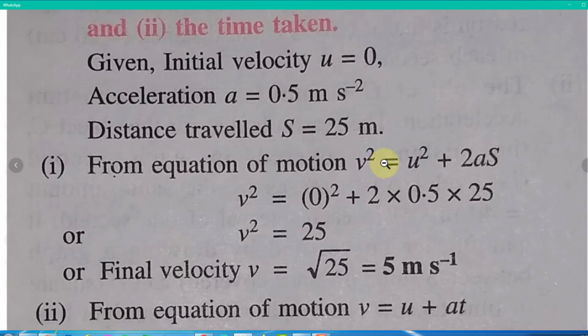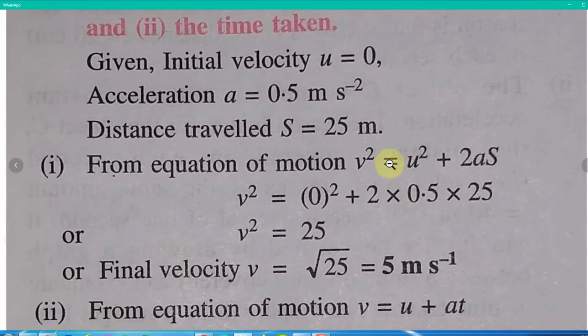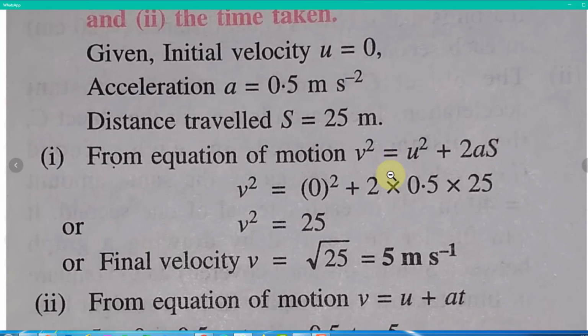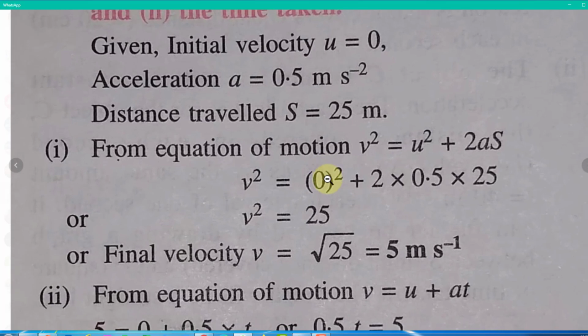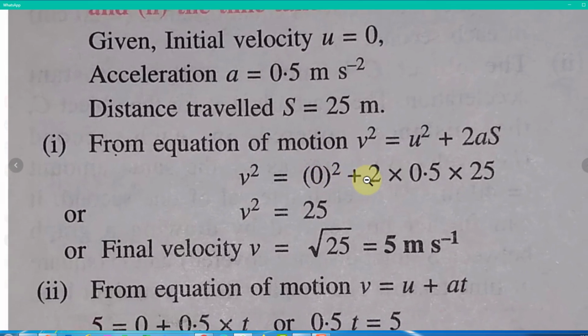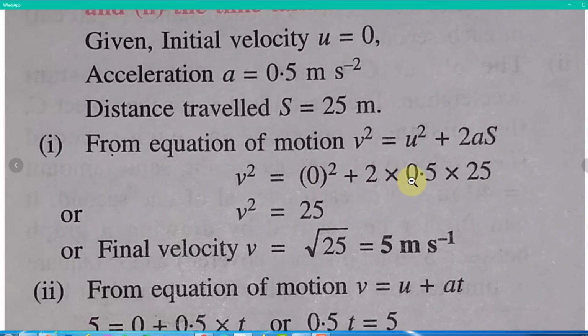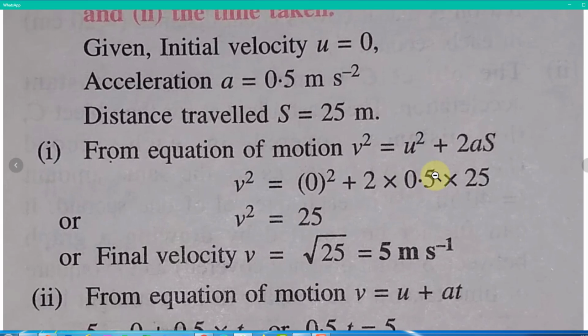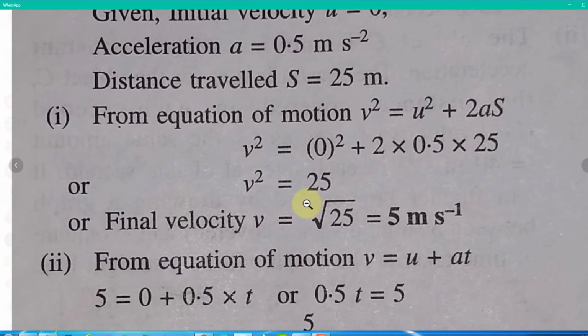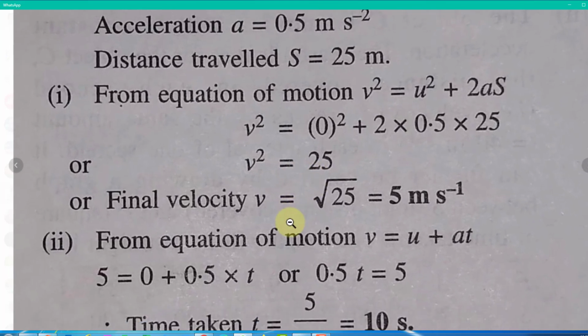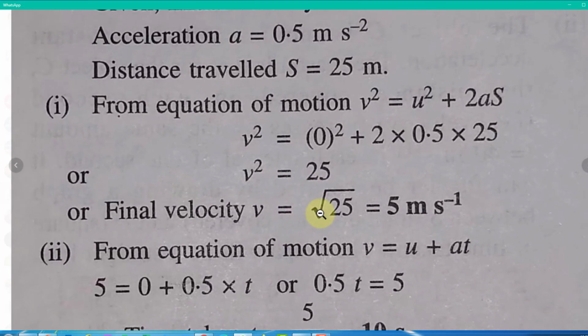So we will apply the third equation of motion, that is V square equal to U square plus 2AS. Directly substitute the value. Initial velocity is 0, so 0 square plus 2 into A into S. So V square is equal to 25, so V is equal to square root of 25.